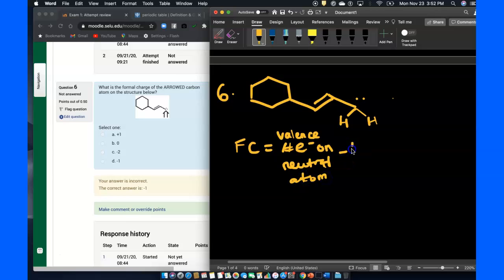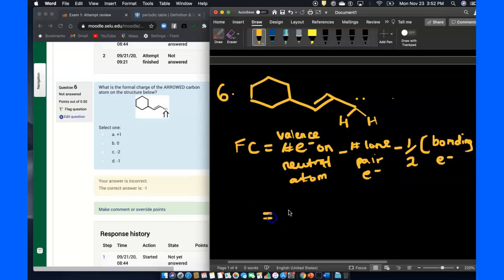And then you subtract the number of lone pair electrons, and then you subtract half the number of bonding electrons, which is just the number of bonds around that atom in question.